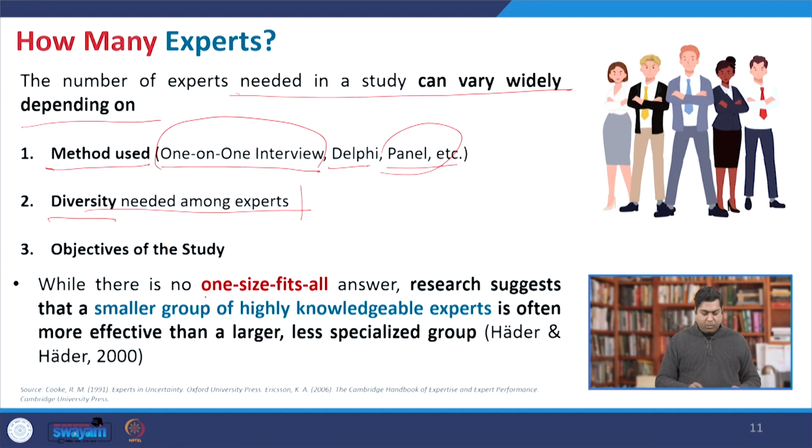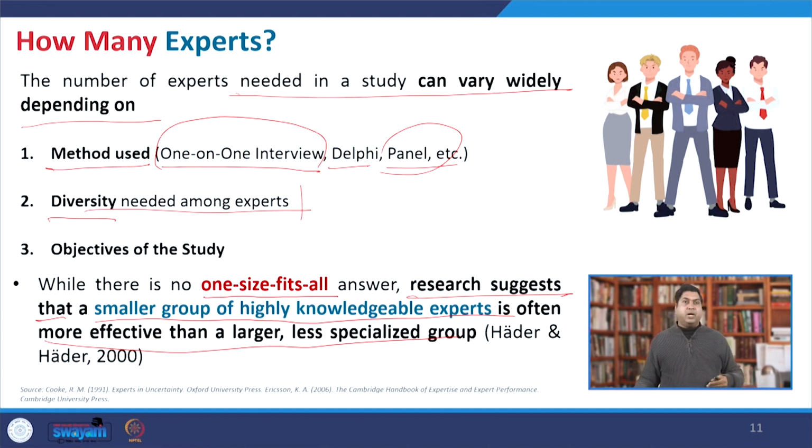While there is no one size fits all answer for how many experts, the research suggests that a smaller group of highly knowledgeable experts is often more effective than a larger, less specialized group. This is something I say after reading so many literatures and even conducting a number of expert-based interviews for certain research.